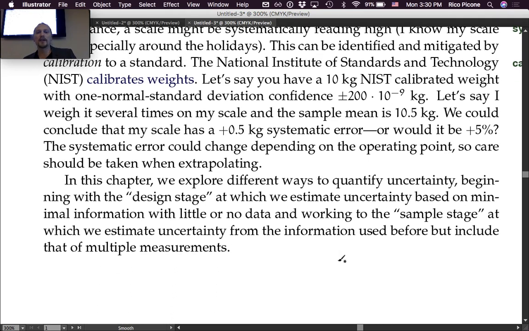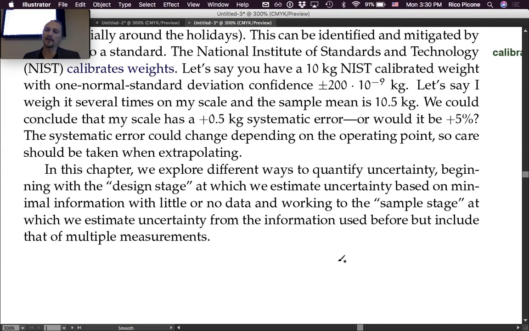So in this chapter, we explore different ways to quantify uncertainty, beginning with the so-called design stage, at which we estimate uncertainty based on minimal information with little or no data, and working to the more advanced sample stage, which is my term, not the book's term, because I hate their term, at which we estimate uncertainty from the information used before, but include that of multiple measurements.